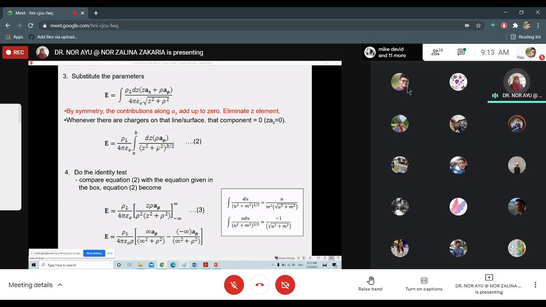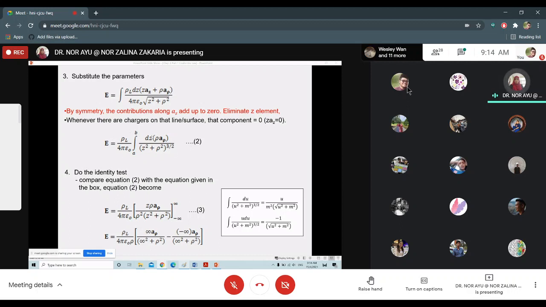Alright, and then rearrange back the equations. So take out everything yang kamu tak perlu untuk diintegratekan. Okay, take it out. Okay, rho ni pun boleh letak kat luar sebenarnya. Alright, so it will be dz over z squared plus rho squared to the power 3 over 2. Okay.